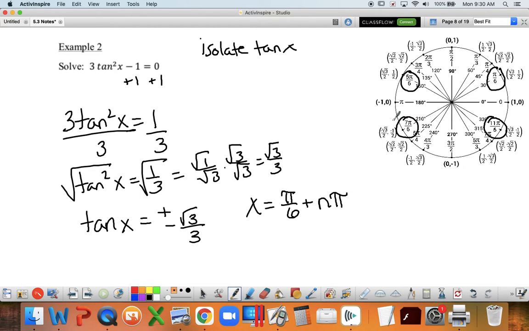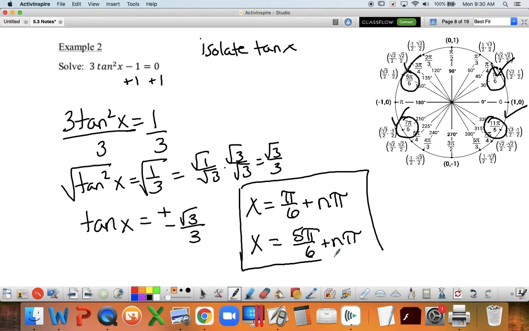So just with this answer here, I've got those 2 answers covered and any additional coterminal angles with each of those covered. My next one, I'm going to do 5 pi over 6 plus any multiple of pi. So that is now going to cover these 2 angles and all of their coterminal angles as well. So there we have it. We have our 2 answers that give all of the solutions to this equation.